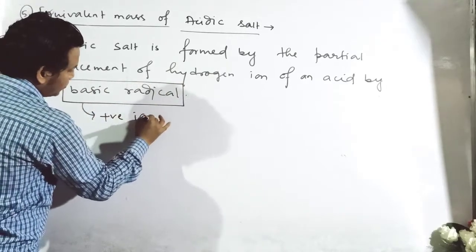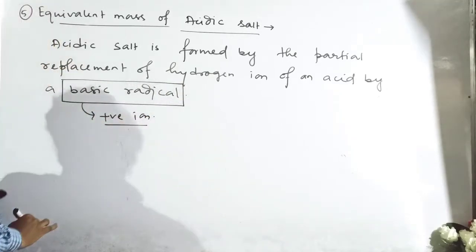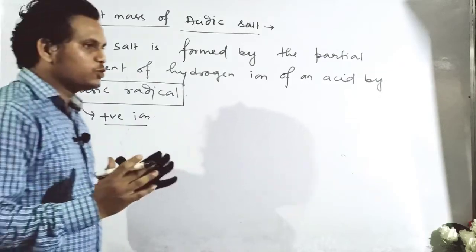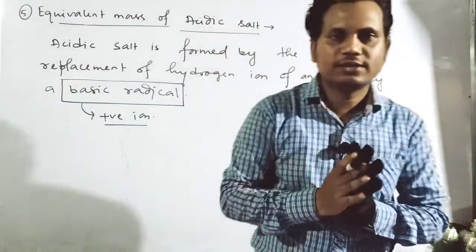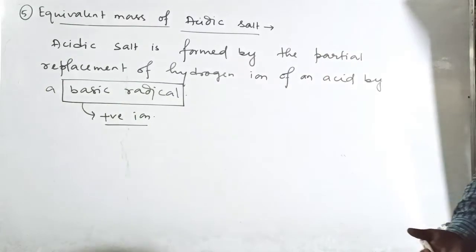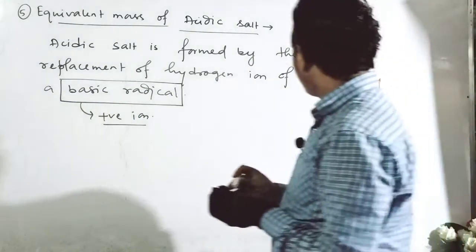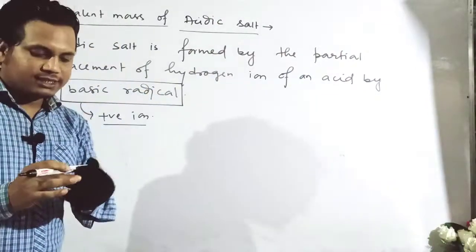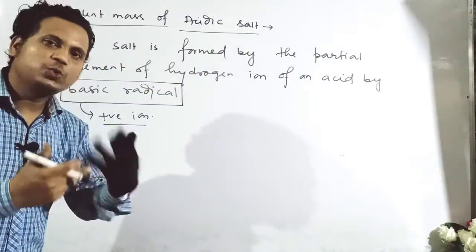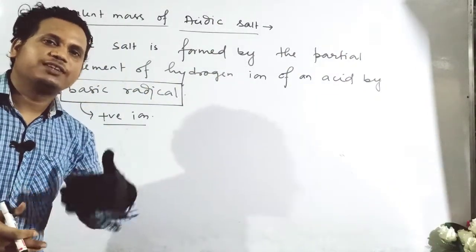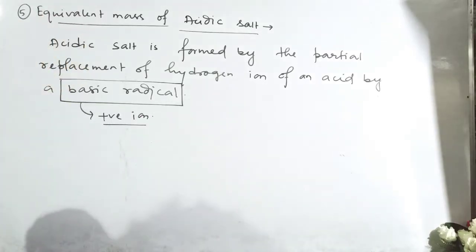Positive ion is also known as basic radical. So what is acidic salt? Acidic salt means it is formed by the partial replacement of hydrogen ion of an acid. Means acid can give two hydrogen atoms, but only one is replaced.